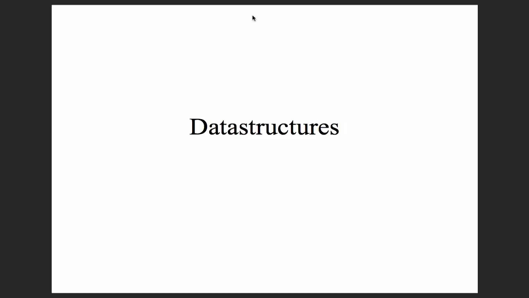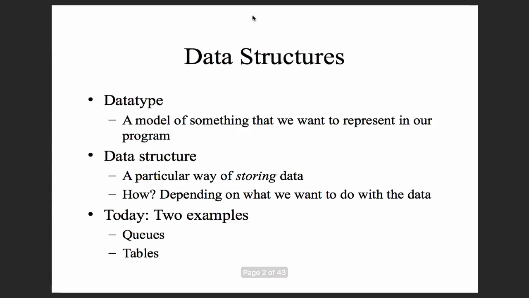types. So data structures, data types, they all kind of sound similar and they all blur together. The distinction I want to make here is a data type in some sense is something really concrete. We're building a model of something we want to represent in our program, like the hand of cards, like the cards built from ranks and suits and so on.